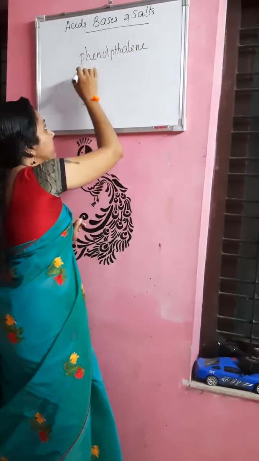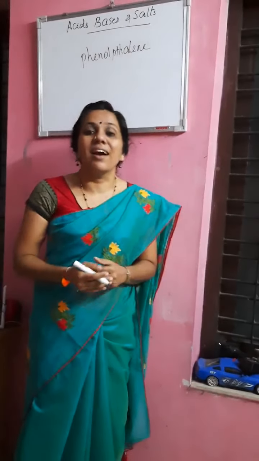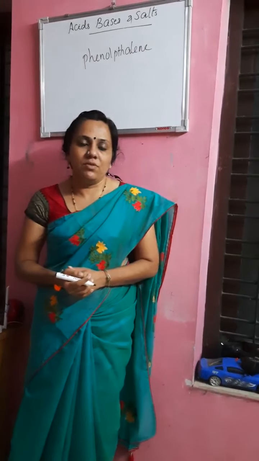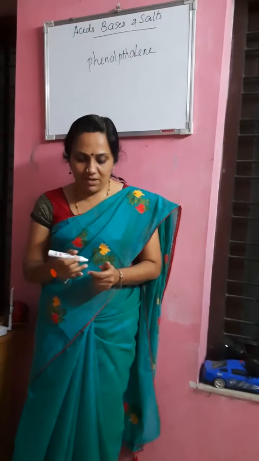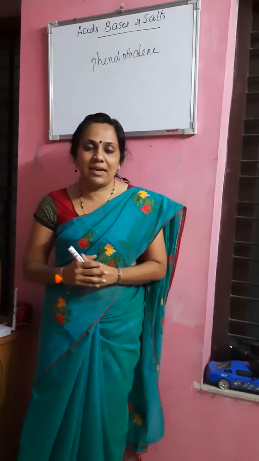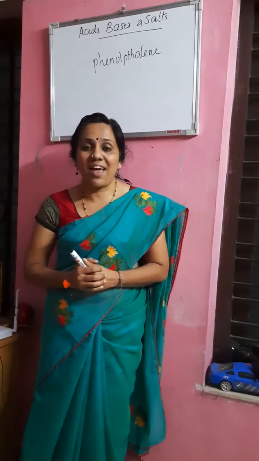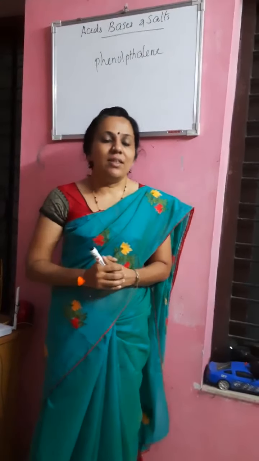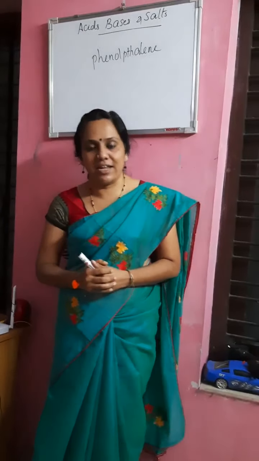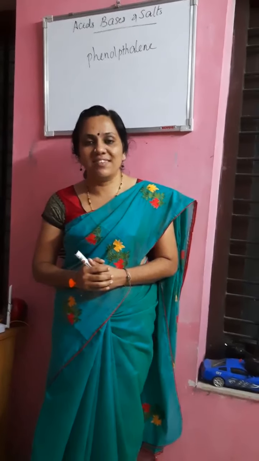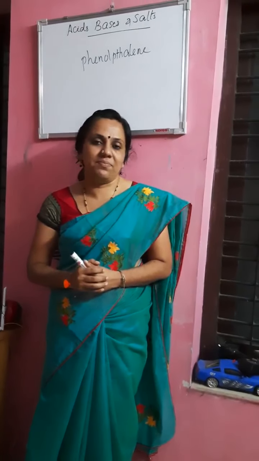Actually, it is a colorless solution. When this is taken and 1 or 2 drops of acid are added to it, there will not be any change in color. So, phenolphthalein is colorless in acidic medium.